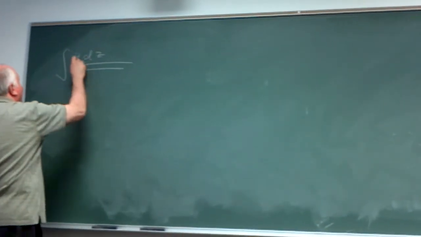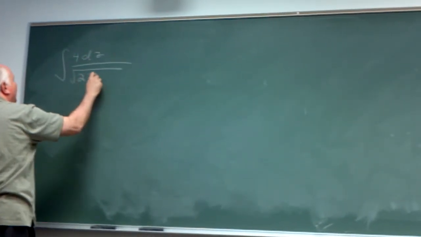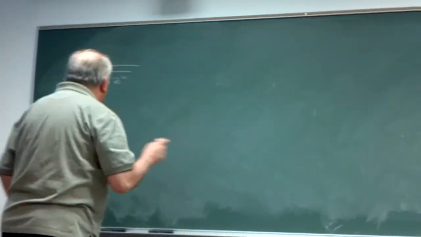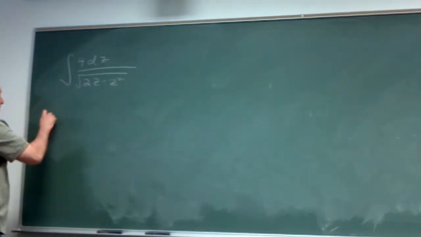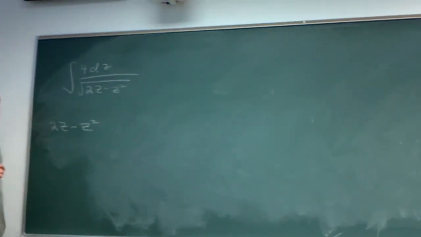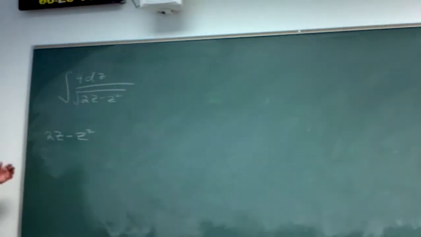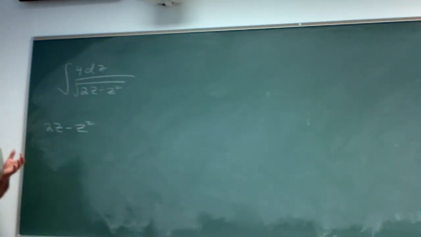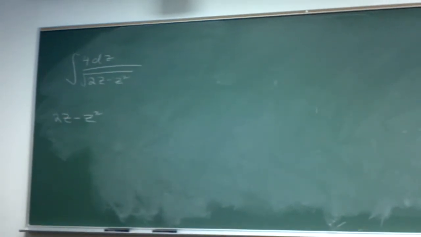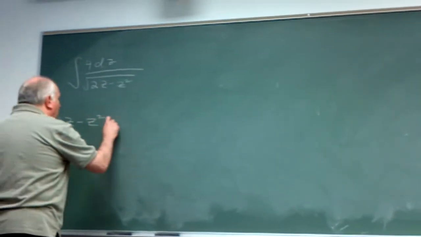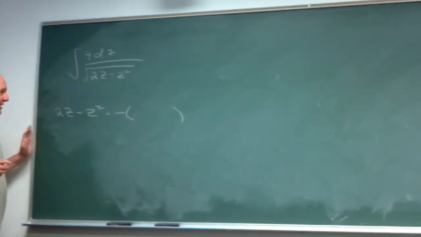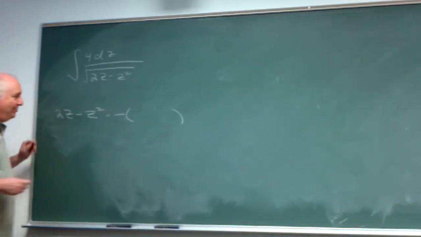What we need to do is play around with this 2z minus z squared, and we'll give it the treatment: factor out the leading coefficient, complete the square, and see what we come up with. That negative sign is the problem, so let's pull it out: negative of z squared minus 2z.